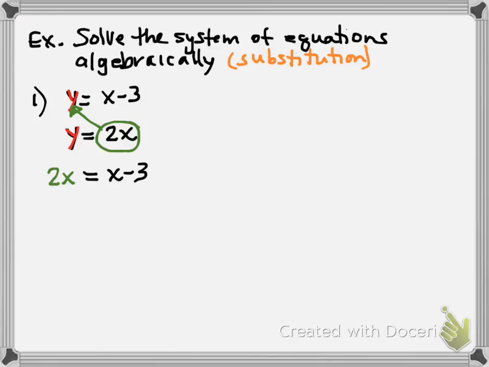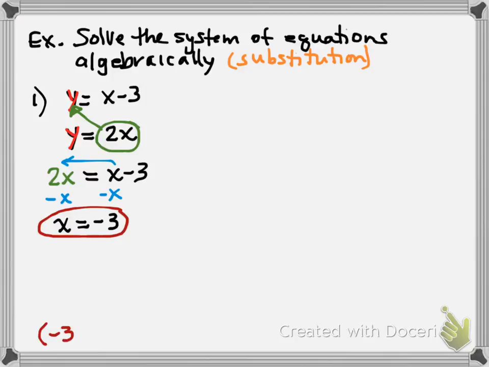That doesn't make sense. Yeah, we want to get the variables together, so let's subtract x from both sides. And that leaves me with x equals negative 3. So this answer here is now part of my ordered pair solution. It's the x-coordinate of where the two lines intersect.